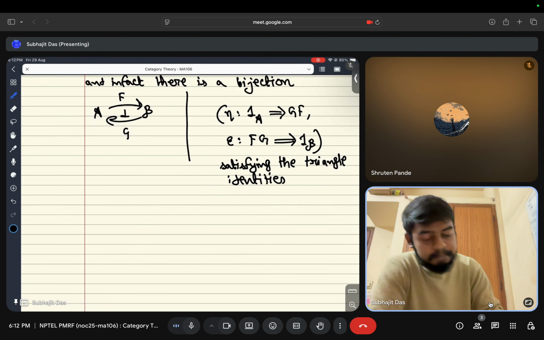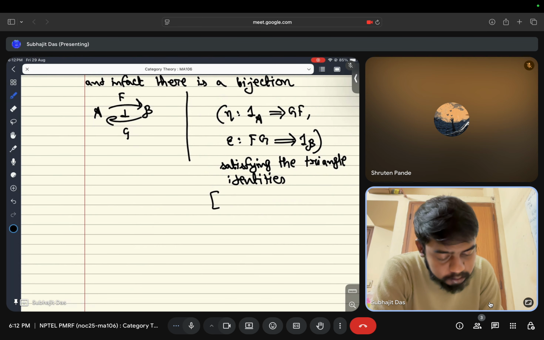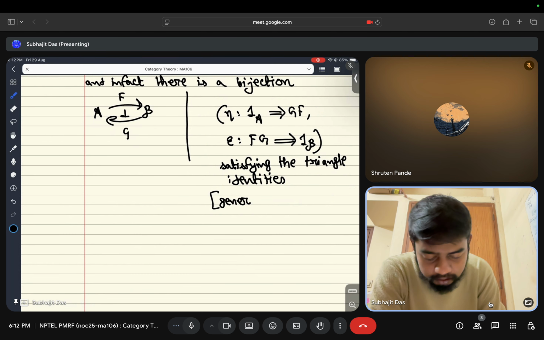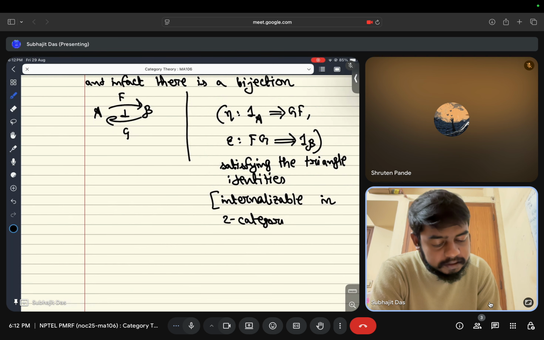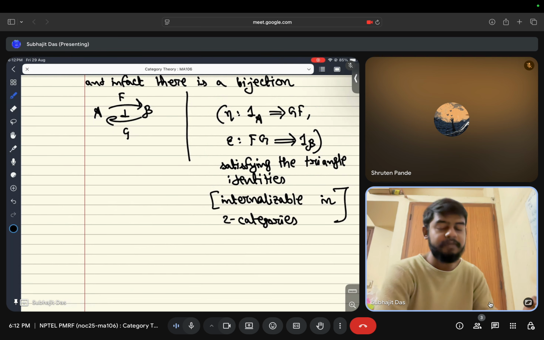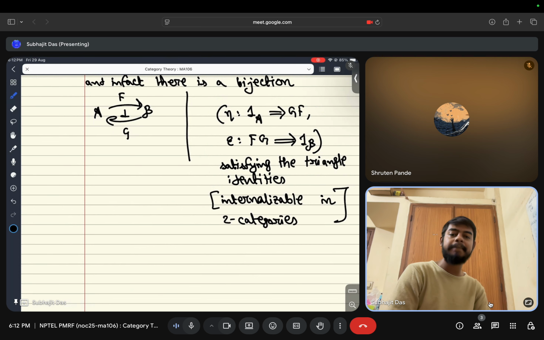So I'll just make a small comment. The notion is generally internalizable in two categories, two dimensional categories, in which there is a notion of a map from one map to another map.